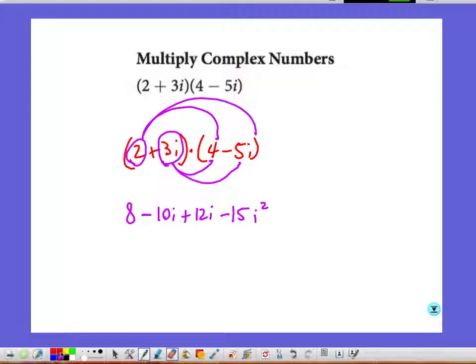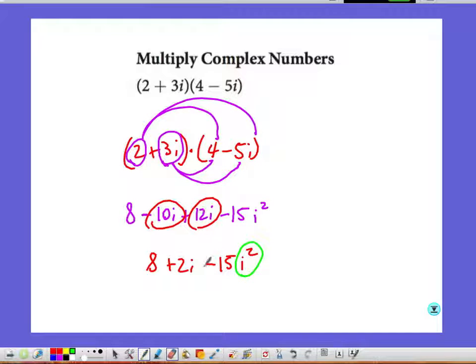Now all we have to do is combine like terms. Negative 10i plus 12i, that's going to be plus 2i. So we have 8, bring that down, and then we have negative 15i squared. Now let me ask you this question. Is that all I can do? Can I simplify it further? Remember this?